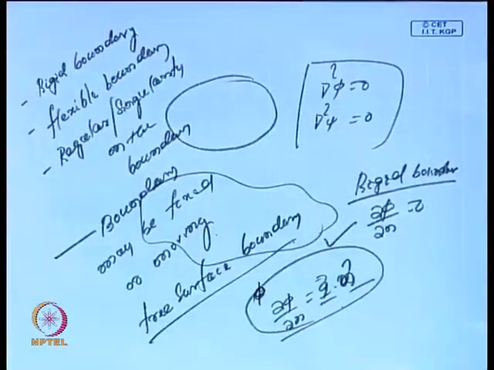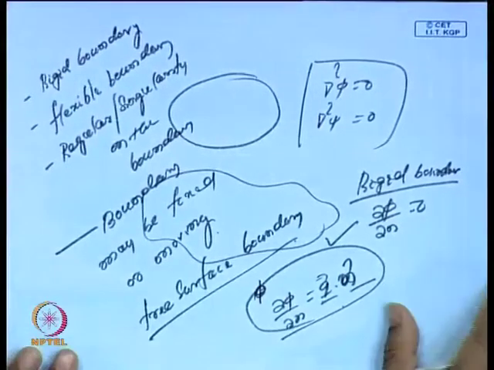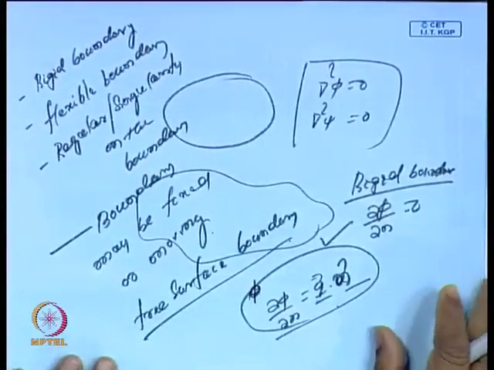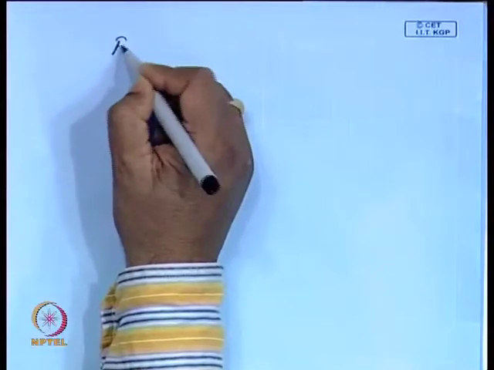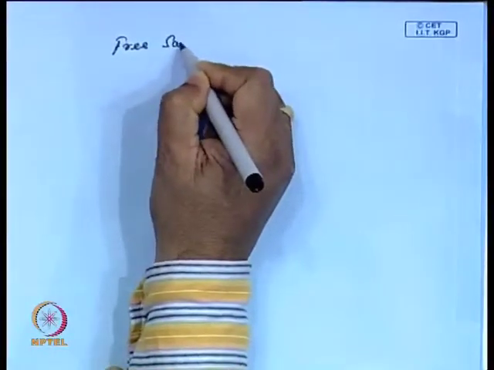When we think of a free surface boundary, this comes up when you analyze problems which give us a new class of problem. That is why I say that in the next few classes we will talk about free surface, broadly free surface hydrodynamics.